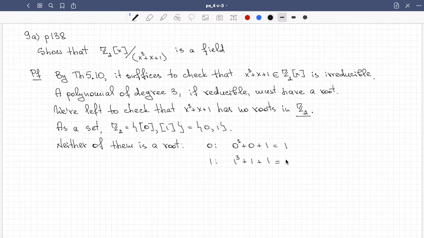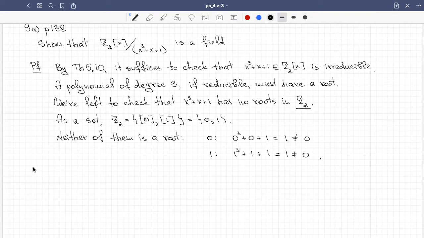So this is also 1. Not 0, not 0. So neither of them is a root. That's all. The polynomial has no roots because the field has no more elements to be suspected as a root. Thus, by theorem 5.10, this is a field.